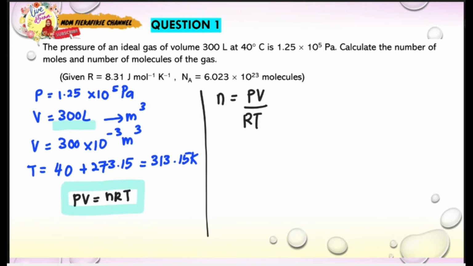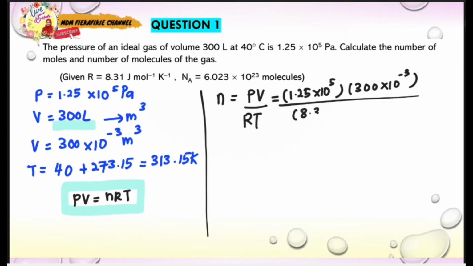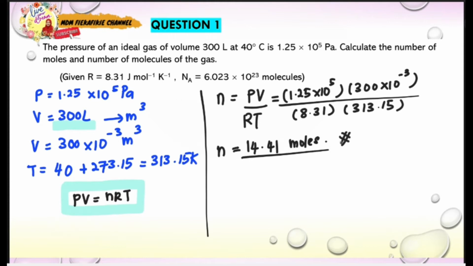Now we can substitute all the values, where P is equal to 1.25 times 10 power of 5, V is 300 times 10 power of negative 3, over R, which is 8.31, and then the temperature in Kelvin. The final answer, the number of moles, is equal to 14.41 moles. Alright, so this is the answer.